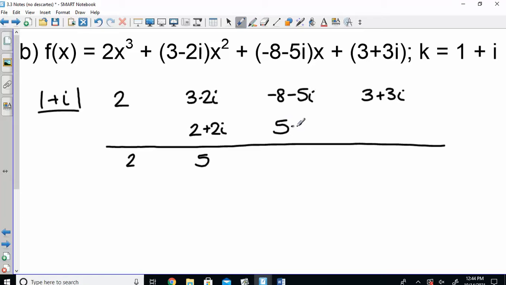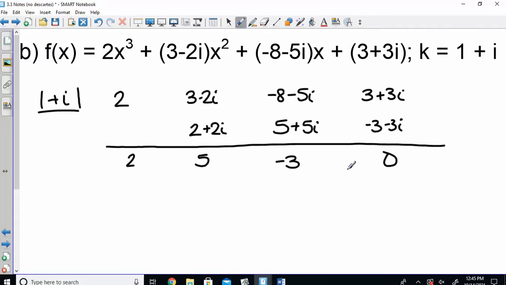Multiply, 5 times 1 is 5, 5 times i is 5i. When I add, negative 8 plus 5 is negative 3, negative 5i and positive 5i cancel. Negative 3 times 1 is negative 3, negative 3 times i is negative 3i. When I add, all of that turns into 0, which we expected because I already told you that it was a 0. So if it didn't come out, then we know we made a mistake.